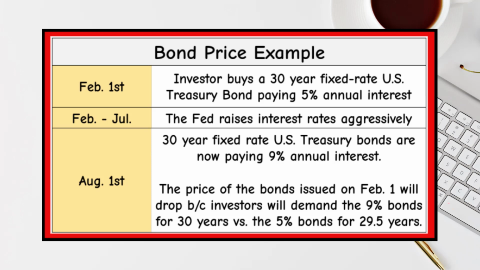Since investors can now get a much higher interest rate for 30 years on the new bonds, they're not going to be as interested in locking in their money at 5% for the remaining 29 and a half years with the earlier bonds. To entice new investors to buy the bonds at 5%, the price of those earlier bonds will need to drop significantly to compensate these new investors for buying the bonds at 5% interest.